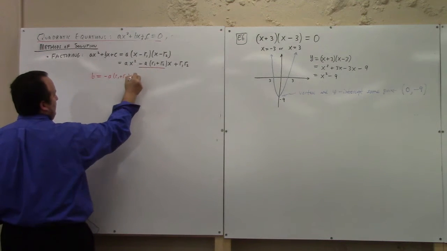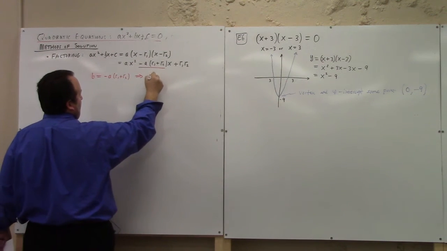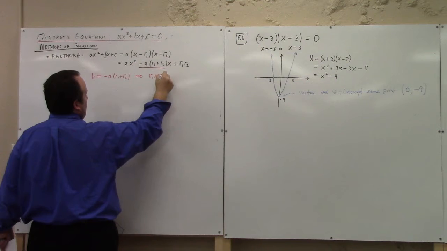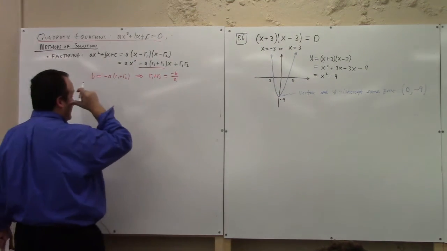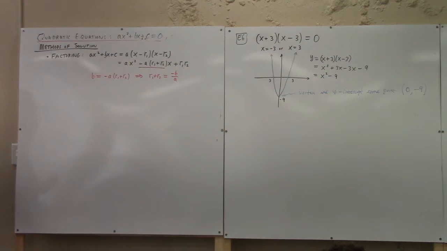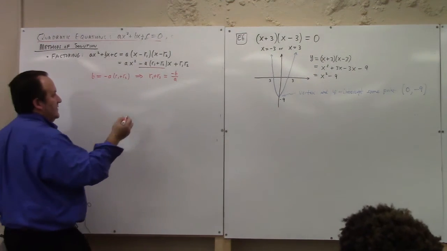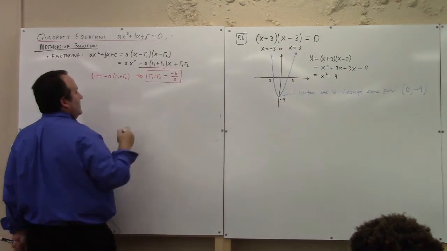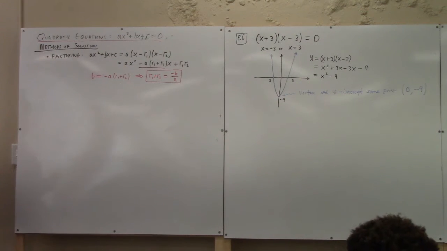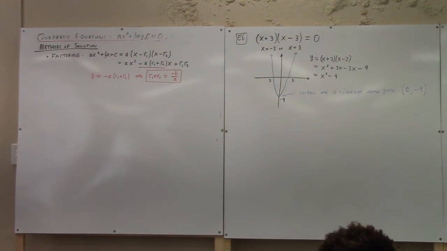I think a more interesting way to write that formula is that the sum of the roots, r1 plus r2, is equal to what? Minus b over a. So this is a useful thing to know about. So the sum of the places where it's 0, it's just the ratio of minus b over a. I think it's interesting that c doesn't appear in this formula, right?